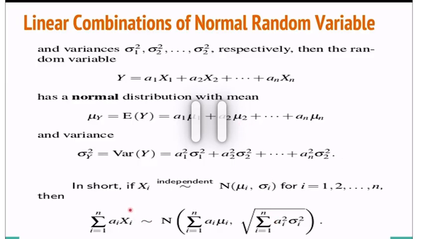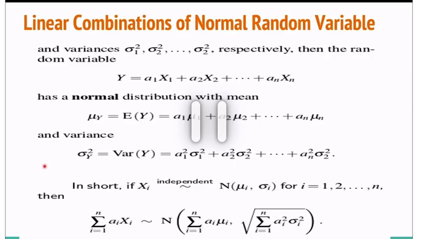So what I'm trying to tell the world is that if x1 follows a normal distribution with the mean of mu1 and the variance of sigma 1 squared, x2 follows a normal distribution with the mean of mu2 and the variance of sigma 2 squared, and so on, then I can find the mean and the variance of the linear combination.